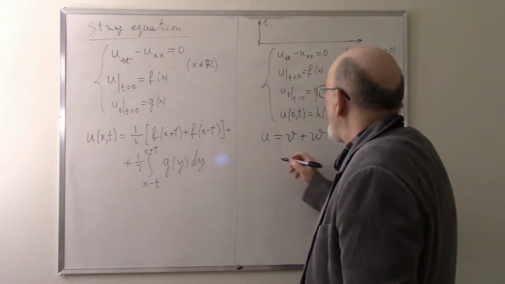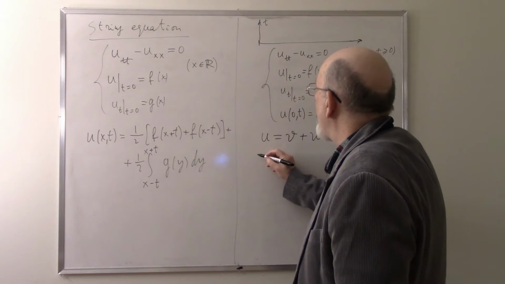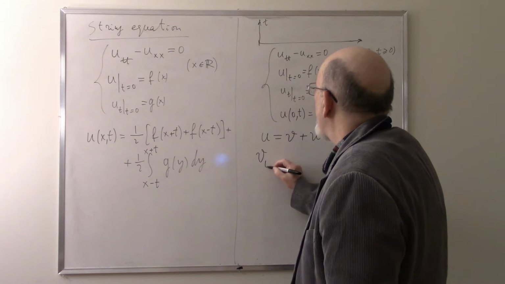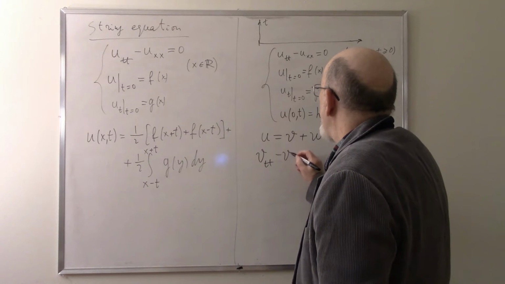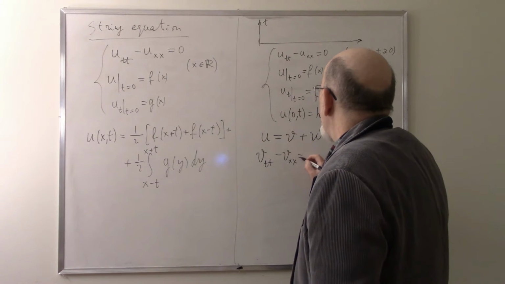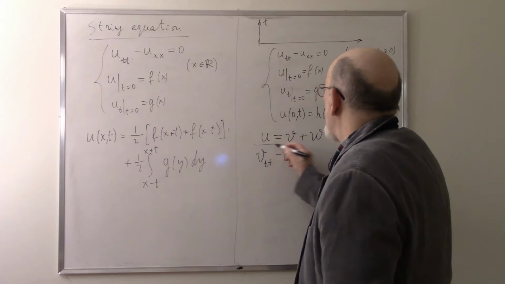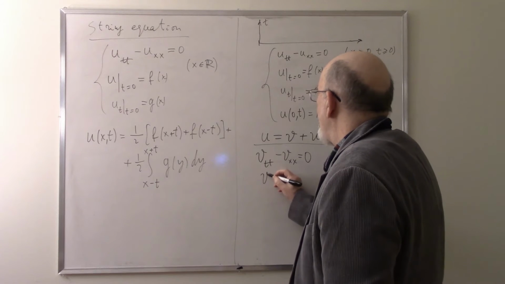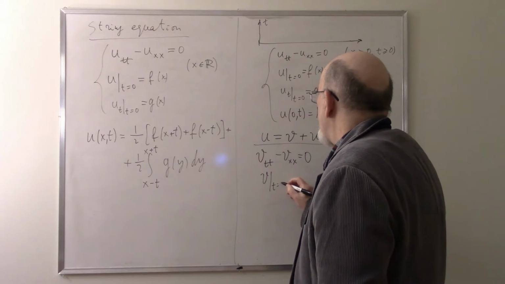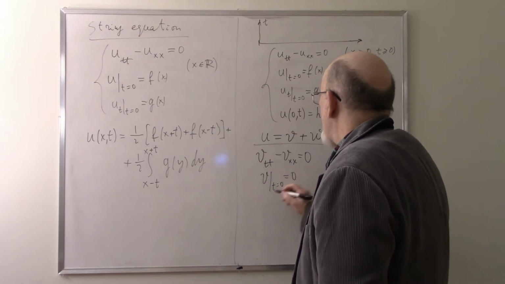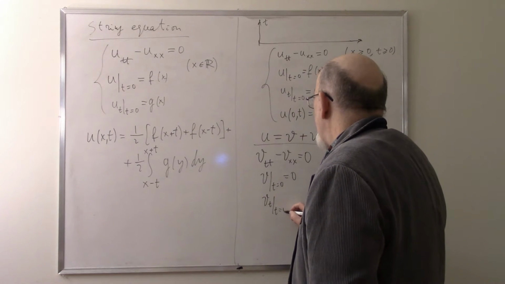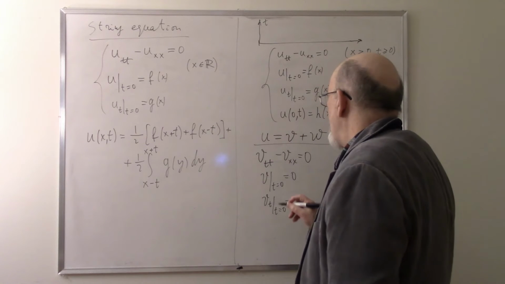And they satisfy the following conditions. v_tt minus v_xx equals 0. So it is also a solution of the string equation. v for t equals 0 equals 0. v_t for t equals 0 equals 0.